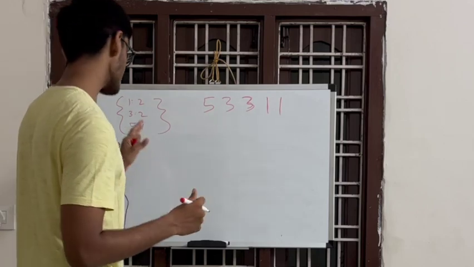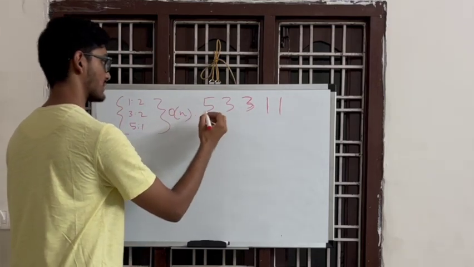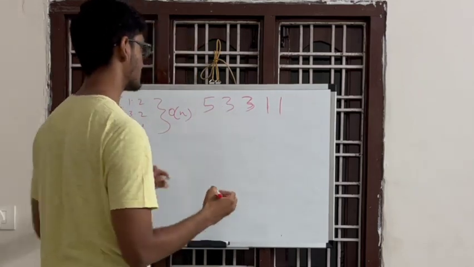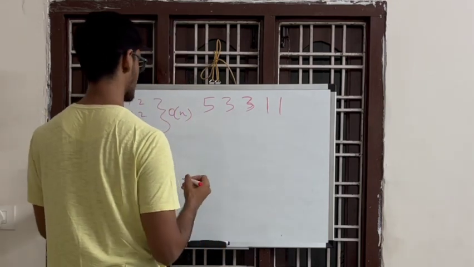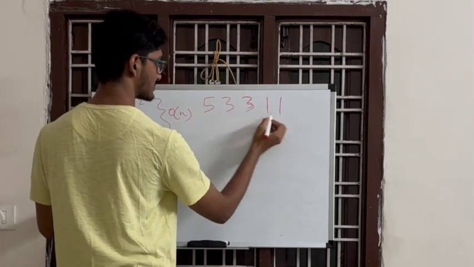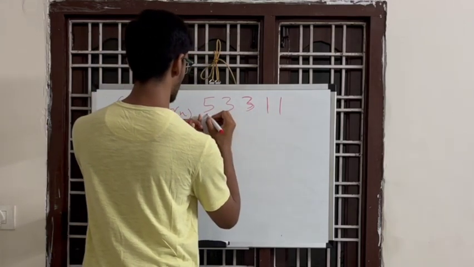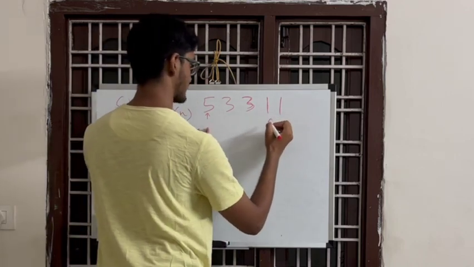Now this will take O of n time, for going through each element and counting the frequency of each element. The second part is, we'll iterate through each element of the array again, from the first element to the second last.